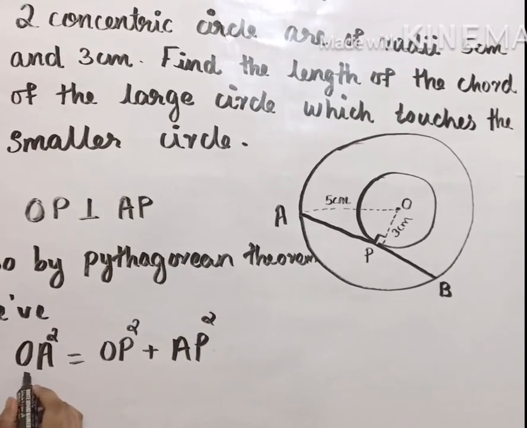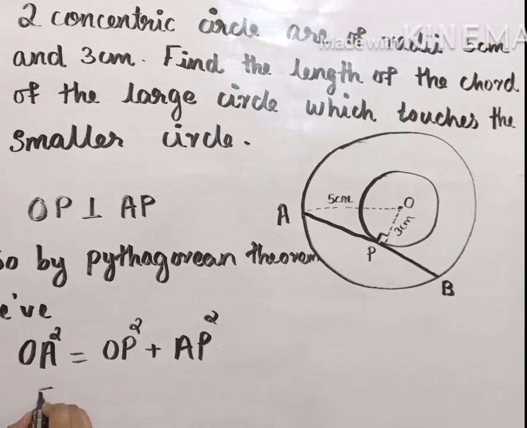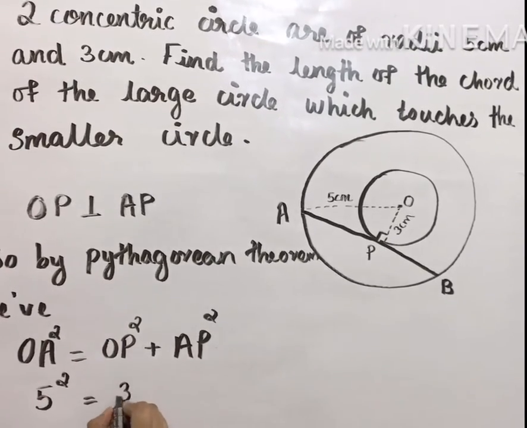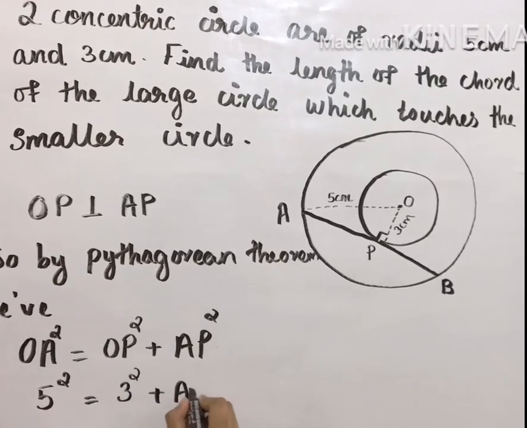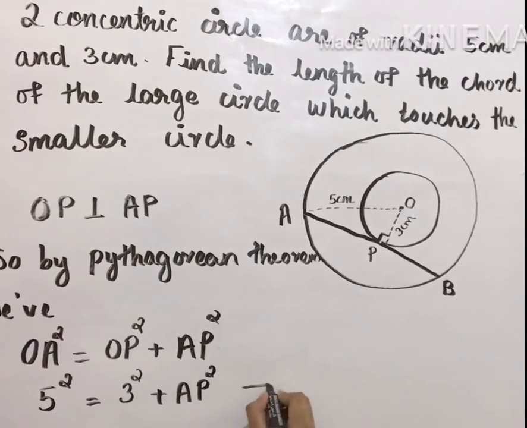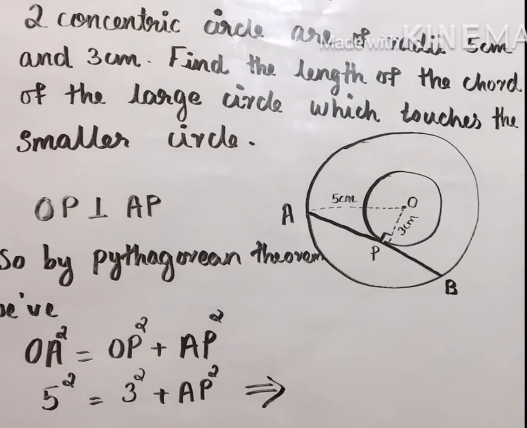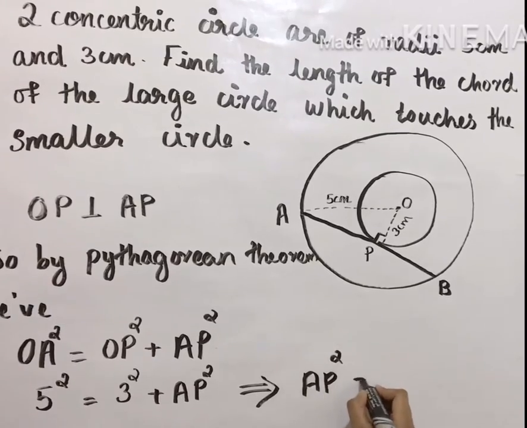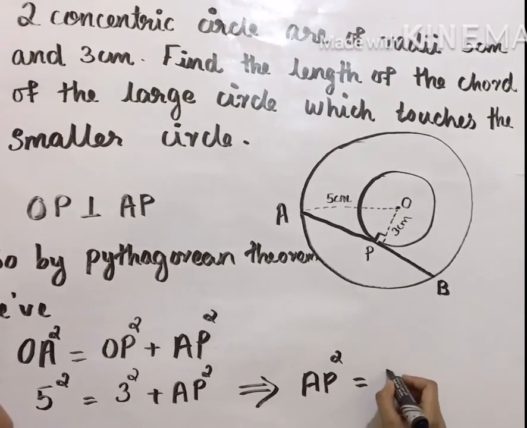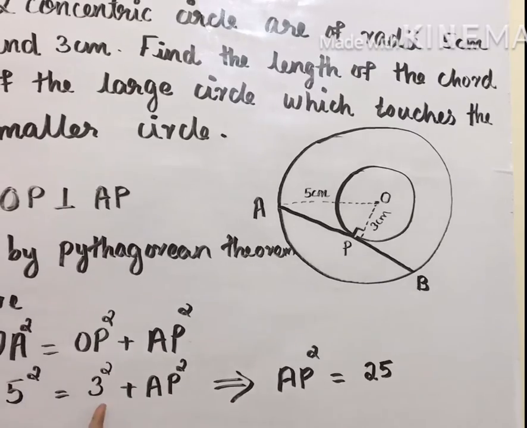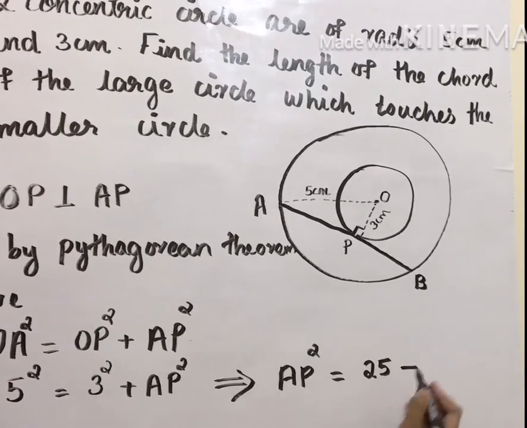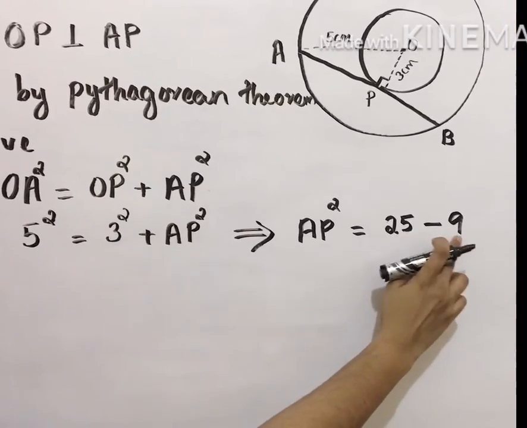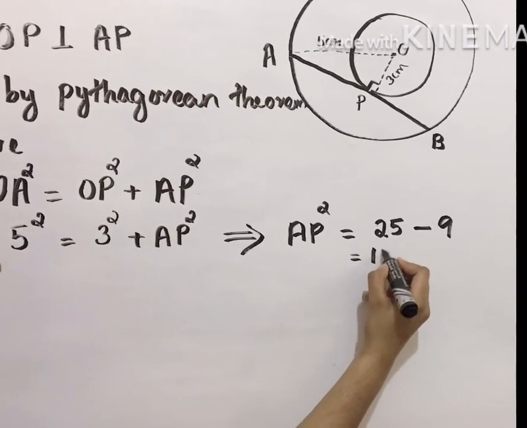We have OA is 5, so 5 square is equal to OP square, which is 3 square, plus AP square. So from this equation AP square is equal to 5 square, which is 25, minus 3 square, which is 9. 25 minus 9 is equal to 16.